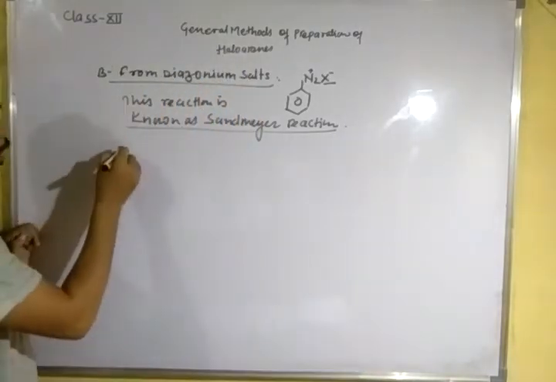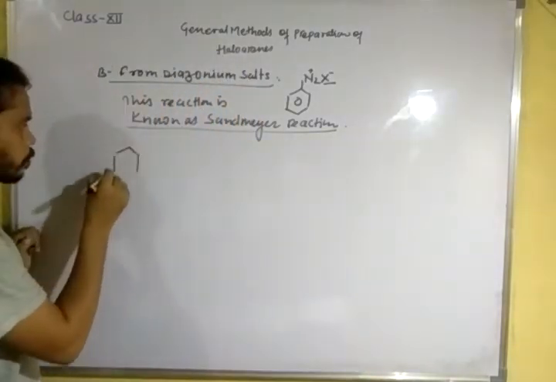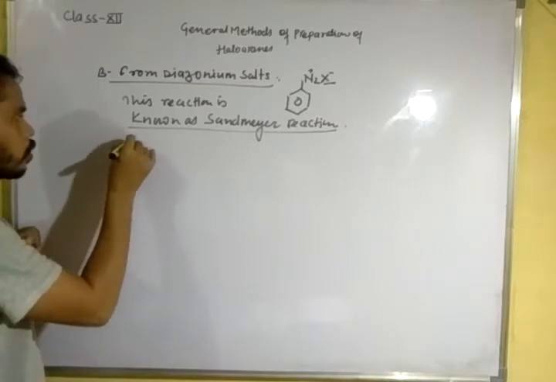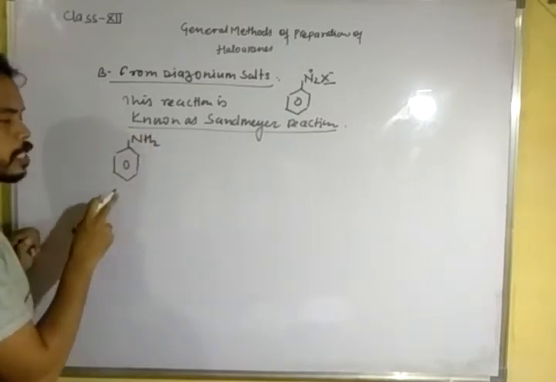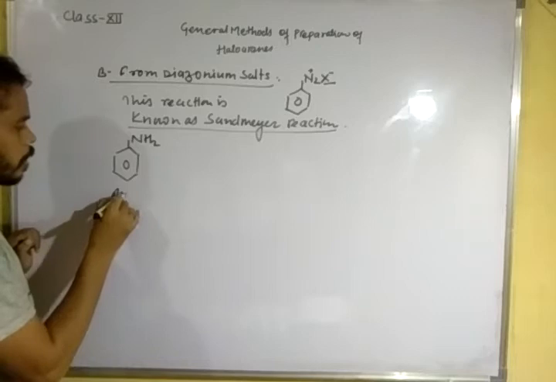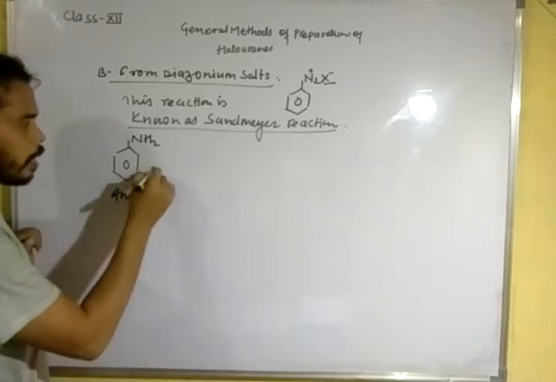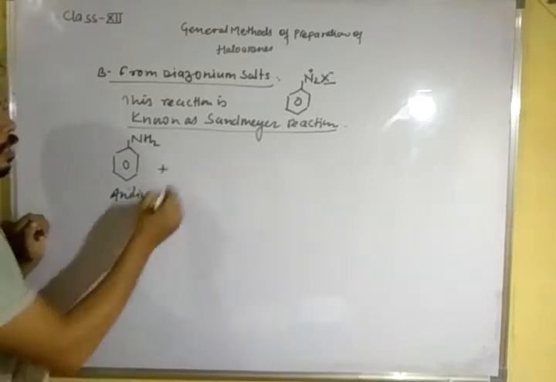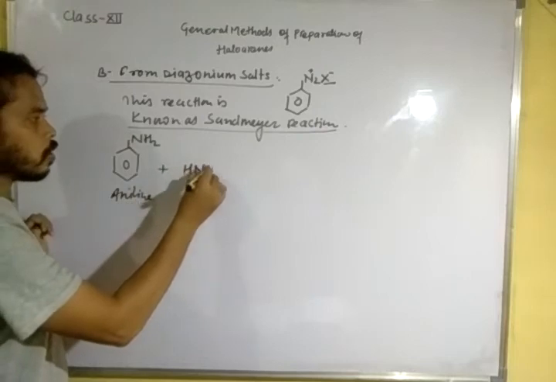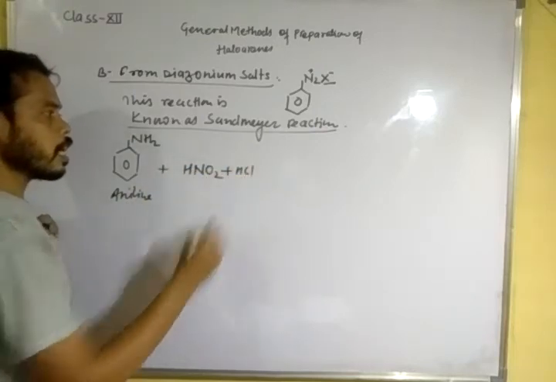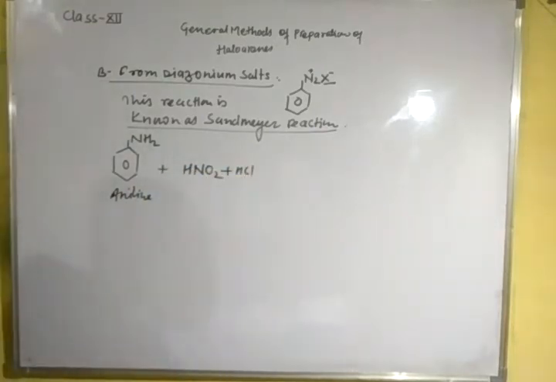You know, the NH2 group attached to benzene is known as aniline. When aniline is treated with nitrous acid, HNO2, and HCl here. How do we get HCl here?